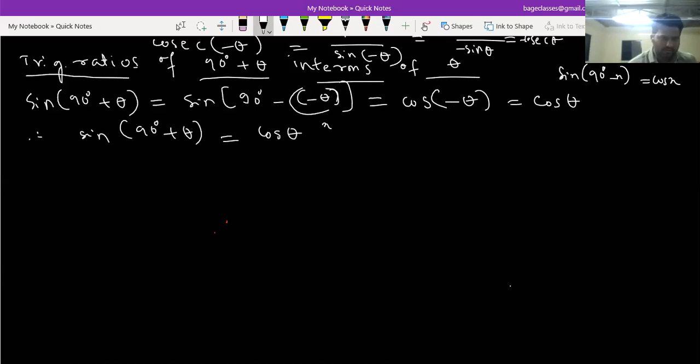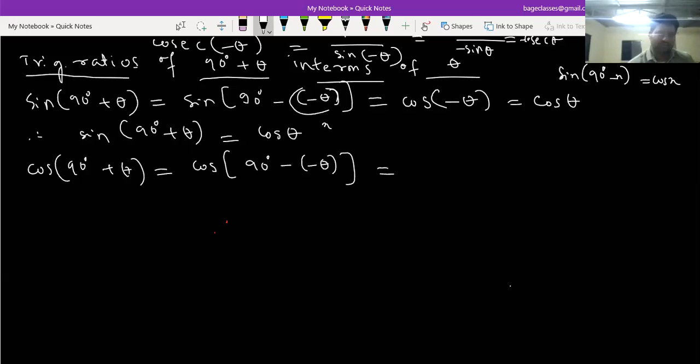Like this, we can find cos of 90 plus theta. The same way, this is cos of 90 minus of minus theta. So minus theta, I take x. Then cos 90 minus x. What is cos 90 minus x? Cos 90 minus x is equal to sin x.